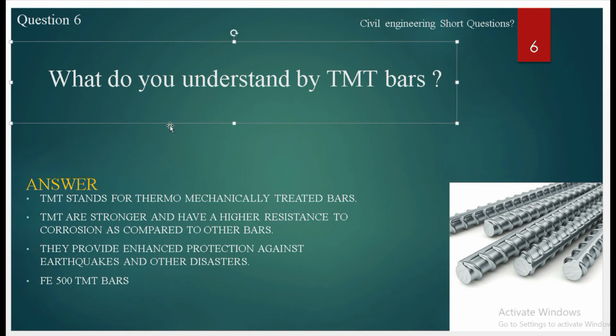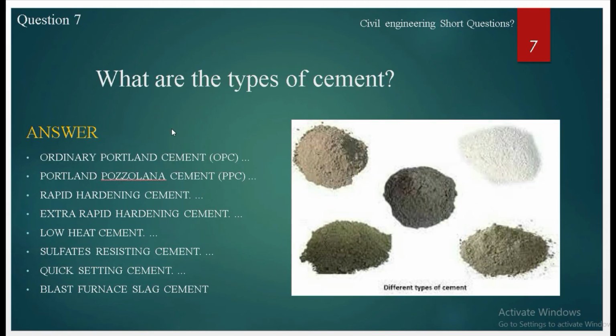So moving on, question number 7. What are the types of cement? The most common and the one which is used in almost all cases is the ordinary Portland cement, which is OPC. The second most used cement is the sulfate resistant cement, and apart from that we have the Portland pozzolana cement.